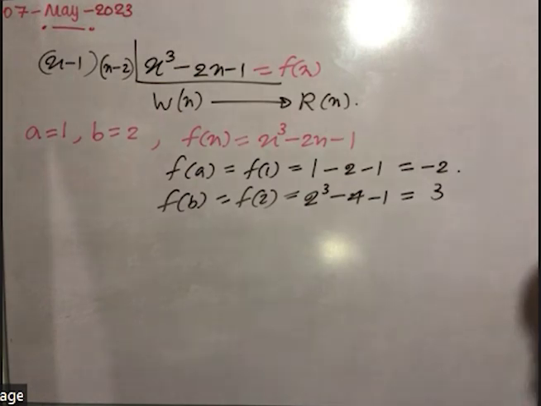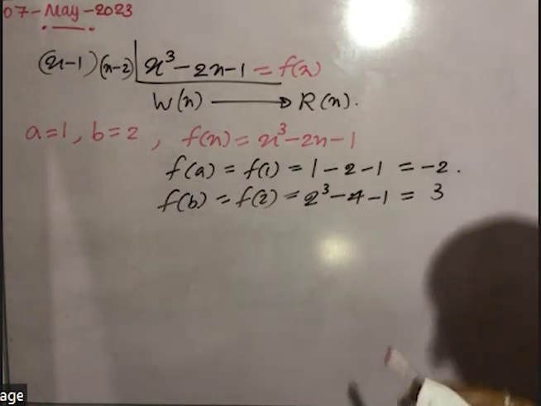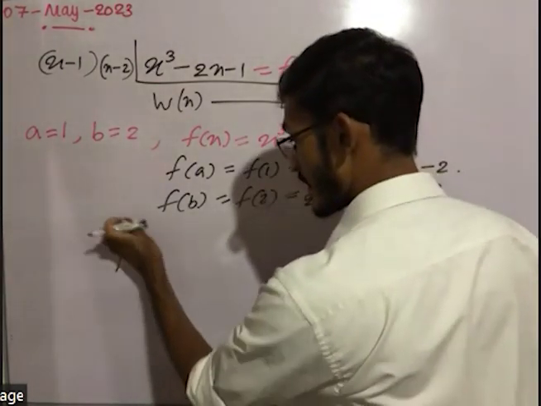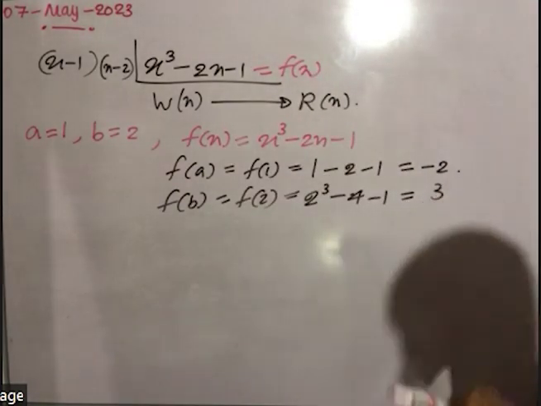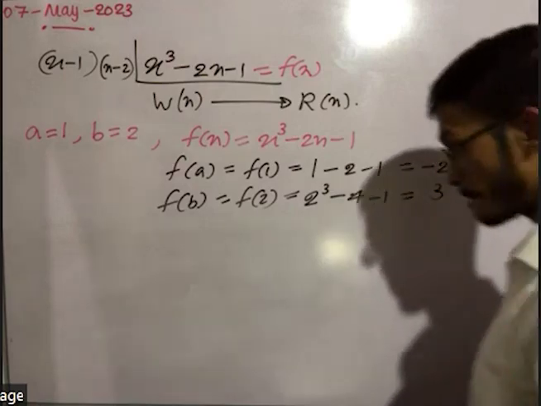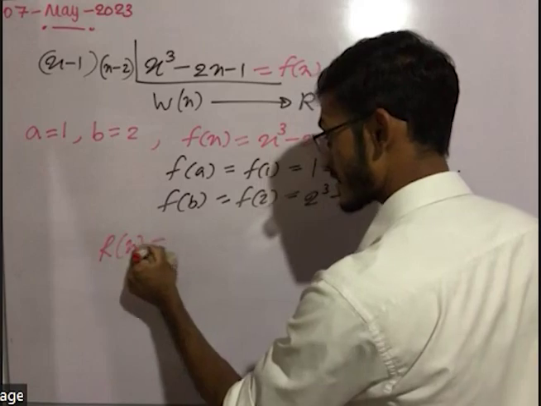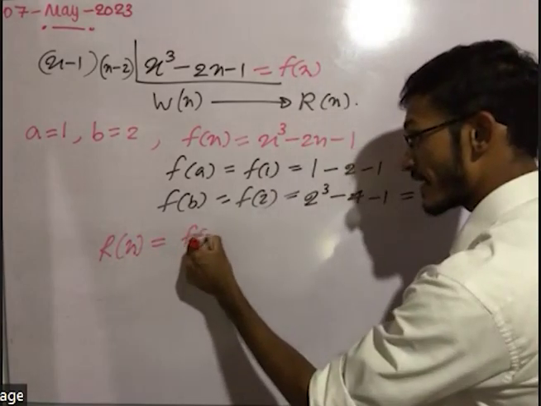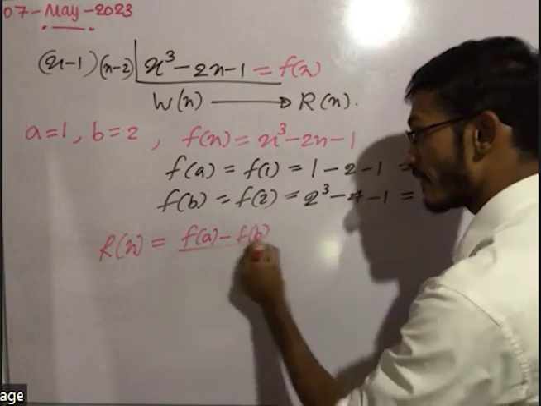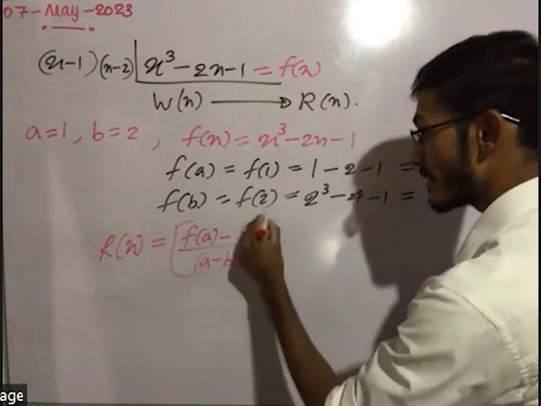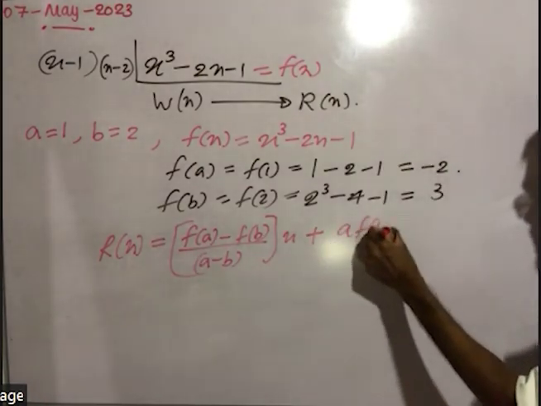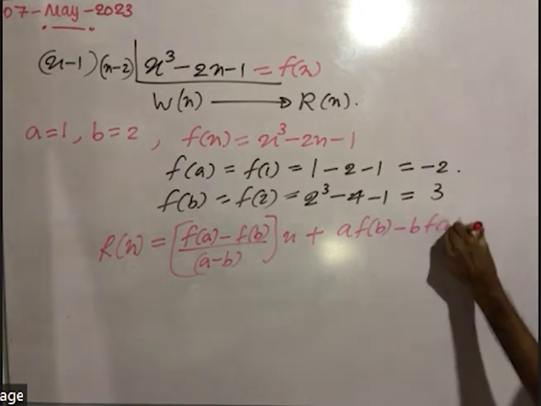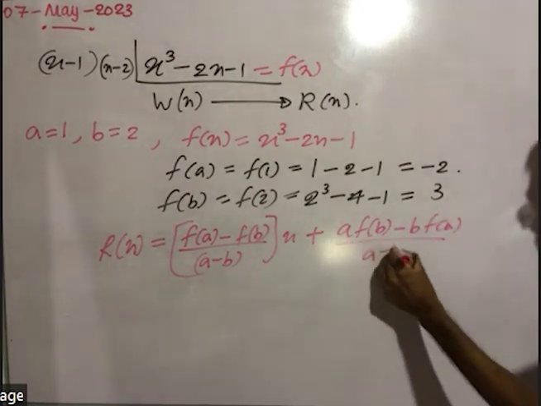Right? So now we can find the remainder. We know that from the previous result, remainder Rx is equal to (fa minus fb) over (a minus b) into x plus (a fb minus b fa) over (a minus b).